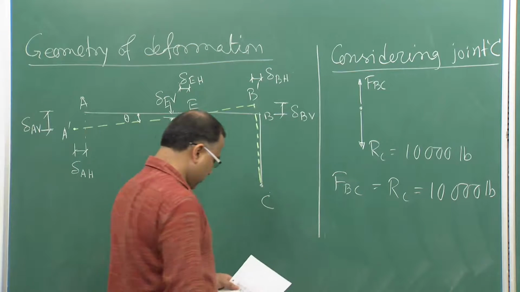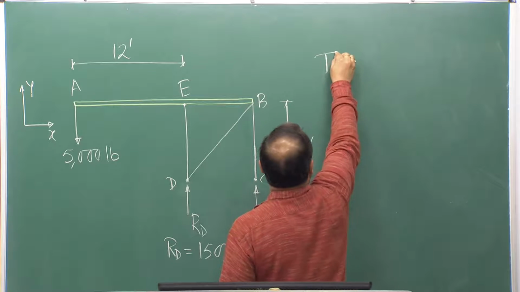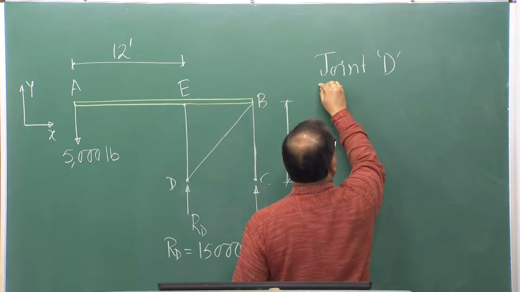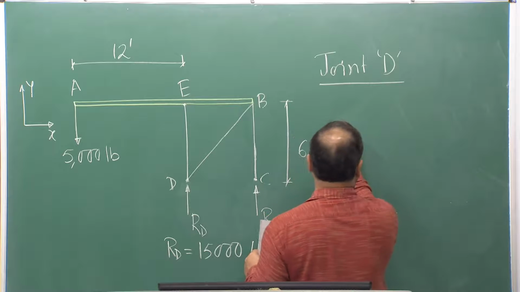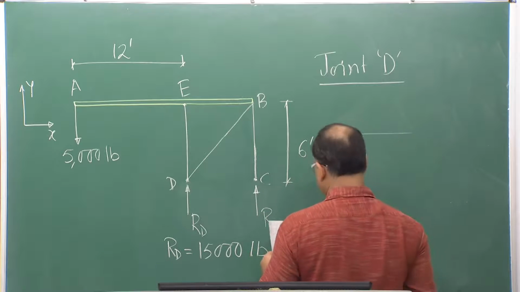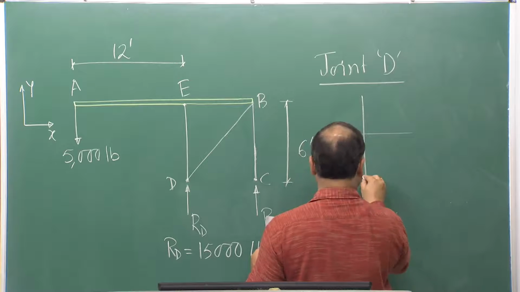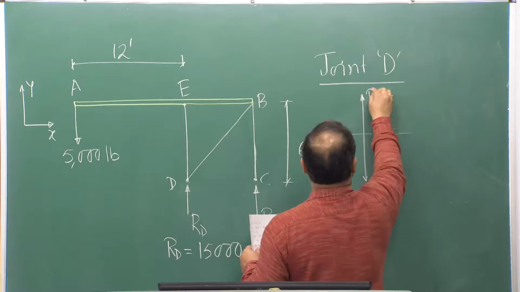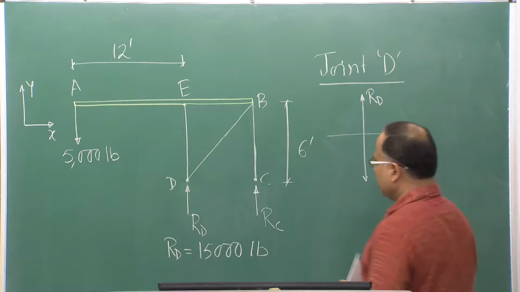Now, consider joint D. If you draw the force vectors at joint D, this is your RD which will be in the upward direction.